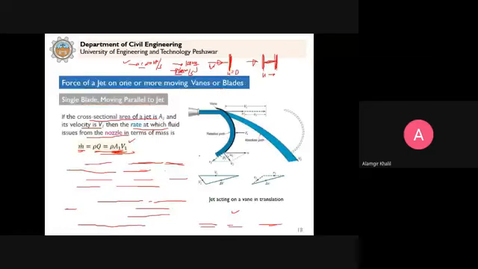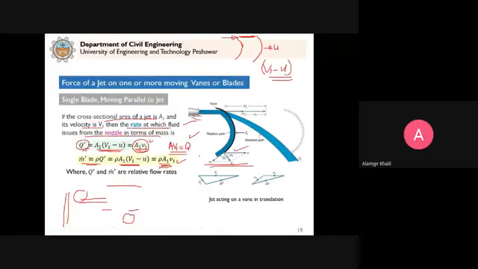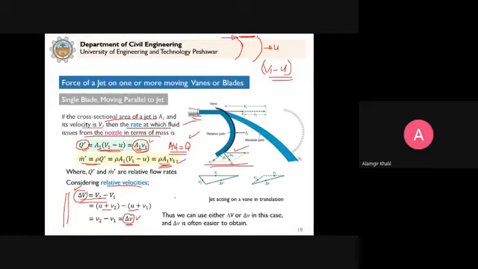Similarly, we can proceed and prove that this delta V, the change in absolute velocity in the u direction, is equal to the change in the relative velocity in the u direction. So that's why in the equation for force, you consider delta V or small delta v, you will get the same answer.